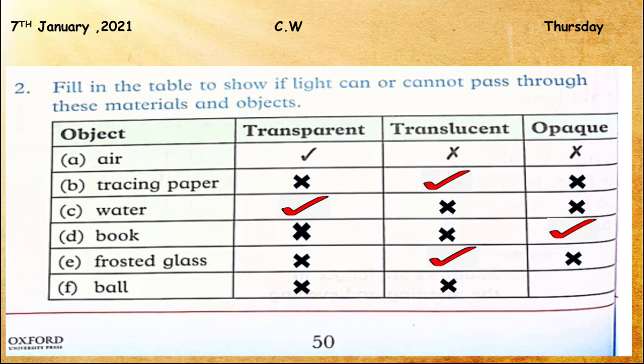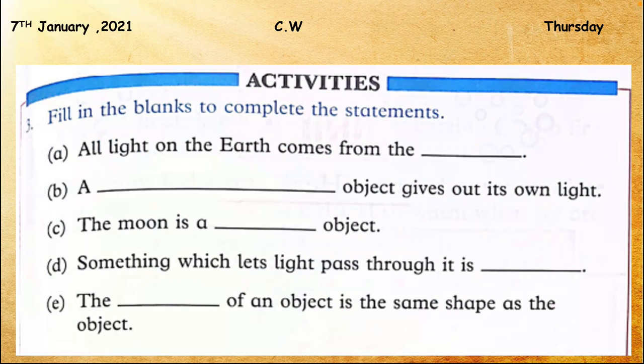Frosted glass. If your window is a little bit frosted, partial light comes through, not the whole light. So this is not transparent, it is a translucent object and not opaque. The last one is the ball. The ball is solid.